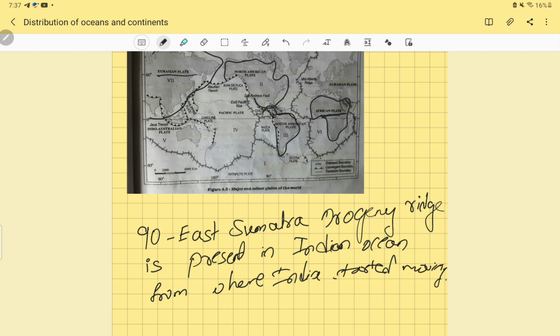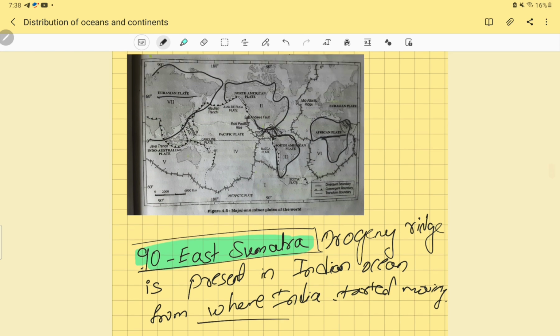They can ask from which point India started moving. It's the 90 East orogeny. You can remember this as well. The 90 East Sumatra orogeny ridge is a ridge present in the Indian Ocean.